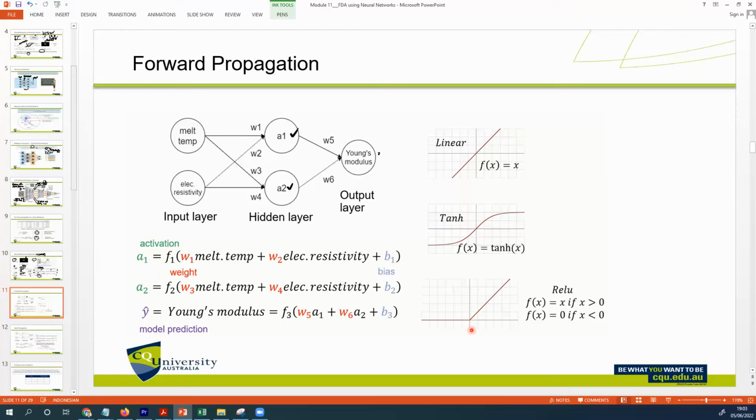That is what we call forward propagation. The bending can use linear, which is f(x) equal to x, or sigmoid using tangent with the function of x, or ReLU.